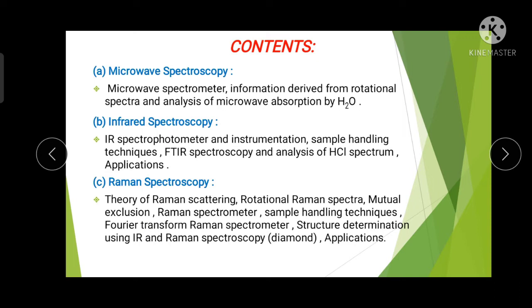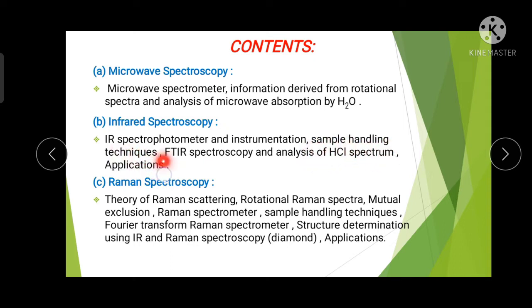We have to focus on a particular region in infrared spectroscopy. So we will study the IR spectrometer and instrumentation. Also, different techniques are used for the preparation of the sample, so we will discuss the sample handling techniques.